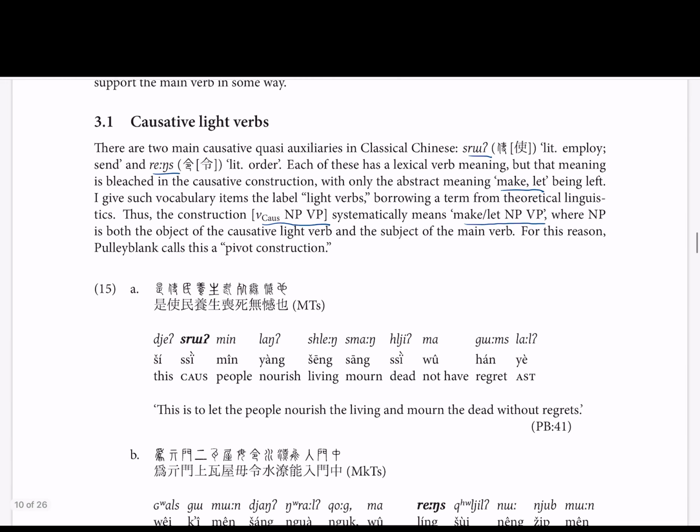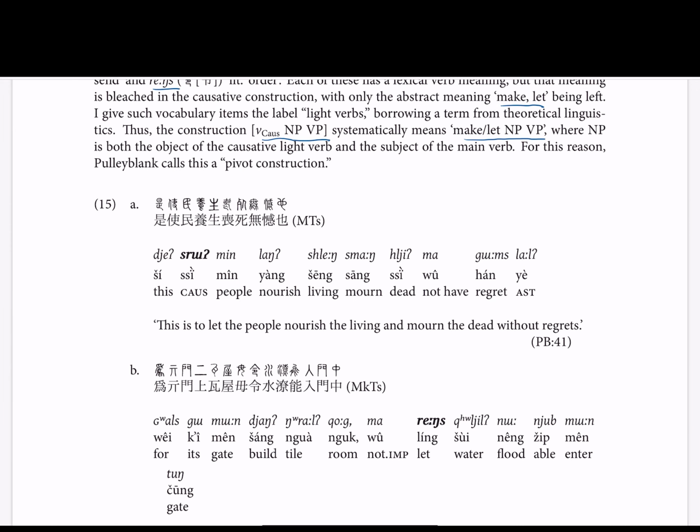So in 15a, we have a sentence, sru min lang sklen meng. This caused people to nourish the living and mourn the dead, not having regrets. Or more naturally, this is to let the people nourish the living and mourn the dead without regrets.